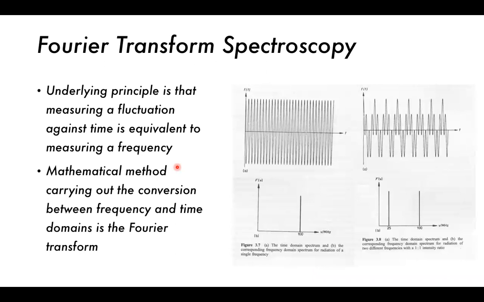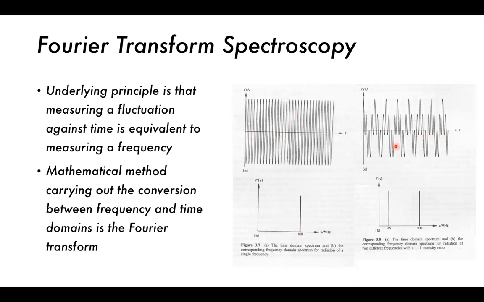Then Fourier transform spectroscopy. The underlying principle here is that measuring a fluctuation against time is equivalent to measuring a frequency. This is a mathematical operation. We have a time domain spectrum and the corresponding frequency domain spectrum.